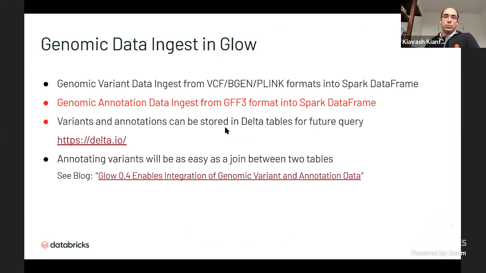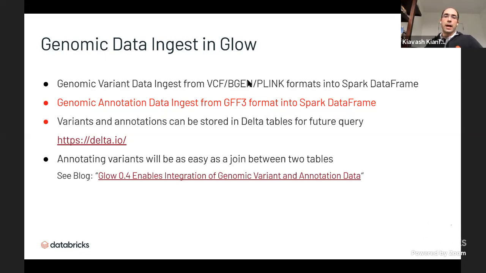Today, I just want to do a little bit of a deeper dive into the features that GLOW has in regard to the ingest of the annotation data and the later variant manipulation. So annotation data can be ingested into Spark DataFrames, and the details of that are given in a blog post that is linked here, and you can find it on the GLOW documentation website if you go to projectglow.io.